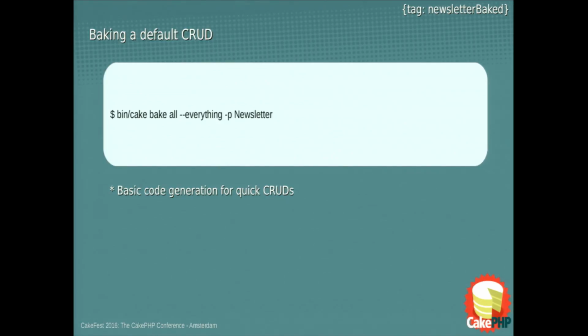So bake a CRUD. We're gonna bake a CRUD for all that we can see there, and then we're gonna build on top of that. So this command here, bake all, everything, dash plugin newsletter, will go to the database, read all the tables, and generate the controllers, templates, and model classes, the table and the entity, for each table we just generated there.